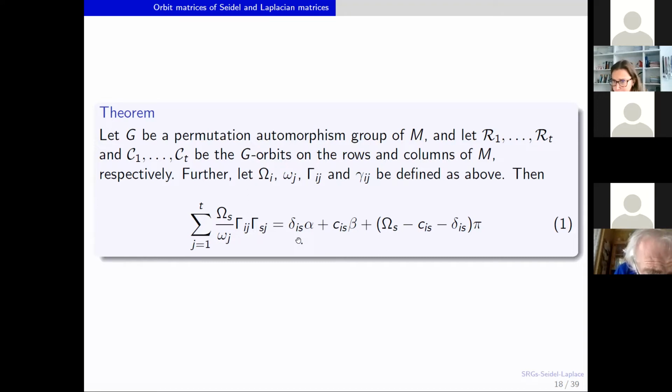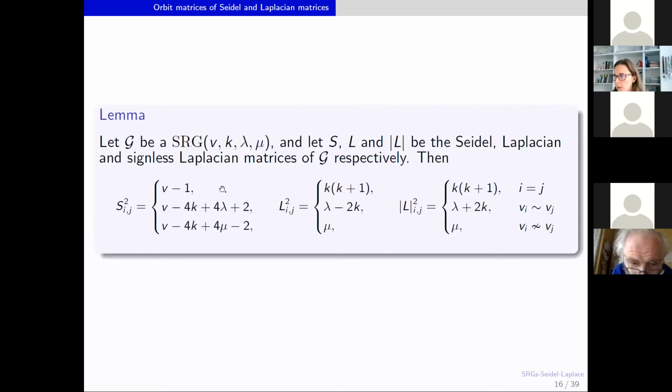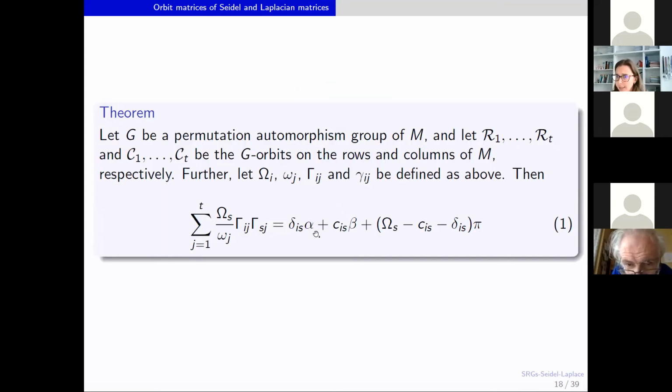If you take a look at this expression, you have alpha, which I remind you is from this statement. Alpha, when you are speaking about Seidel, is always v minus 1. If you are speaking about L, it is always like this, etc. It is multiplied with the Kronecker symbol.